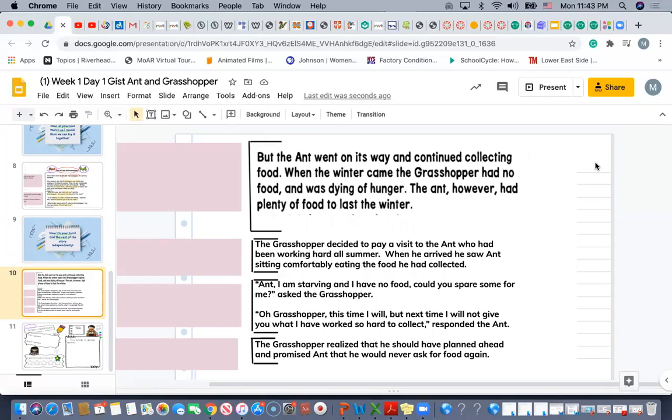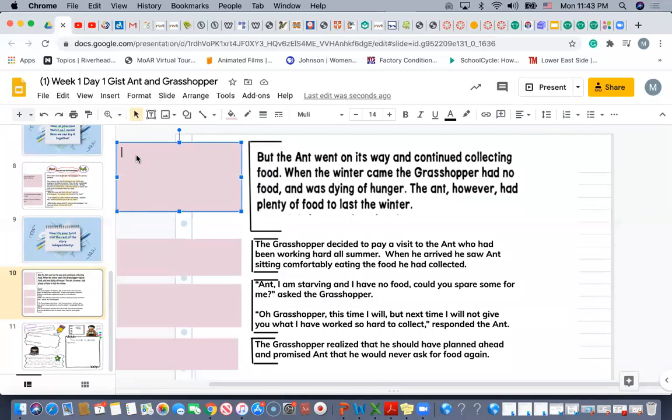So you may see the highlighting tool there, okay? If it's not, that's okay. Don't worry about it. And what I want you to do then is just gist. Think about what is the important information. Click until you see the black line and then type what you feel is most important in the actual story. I want you to finish the rest of this passage.